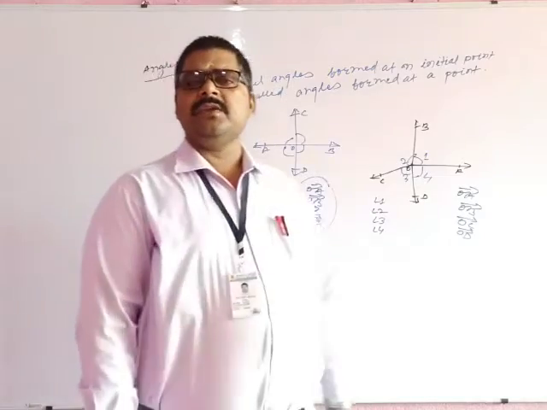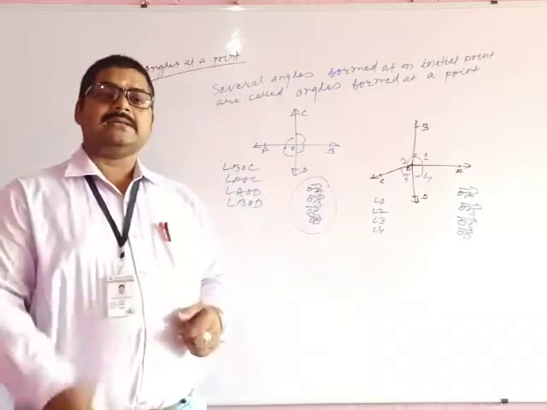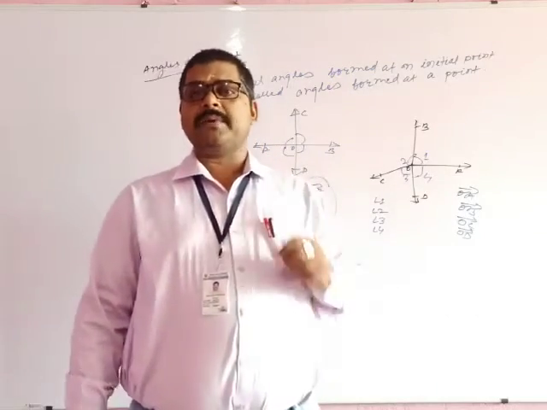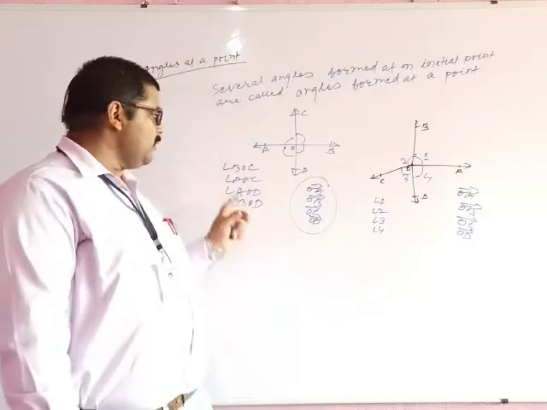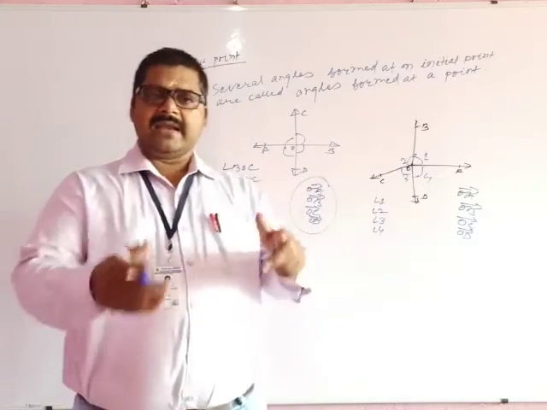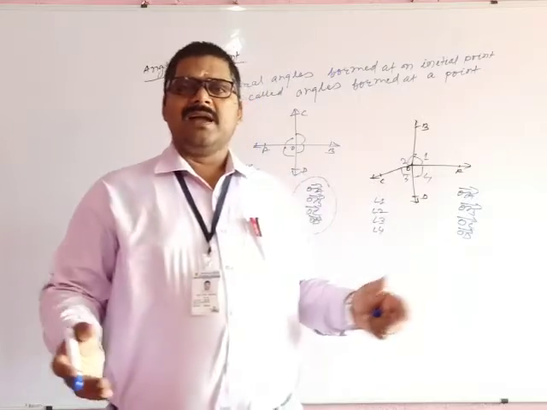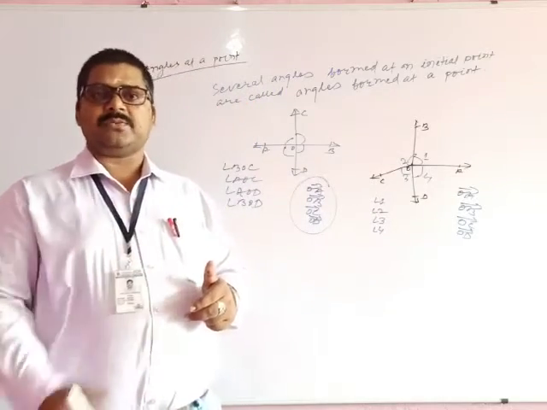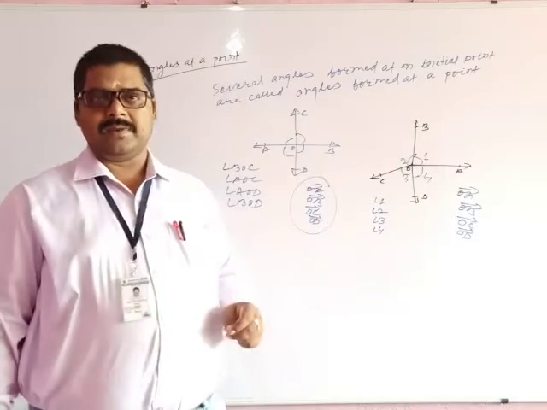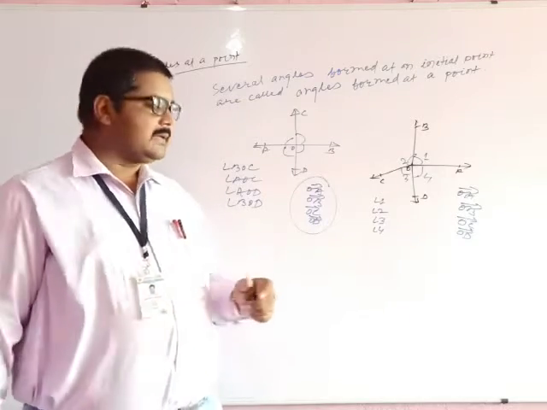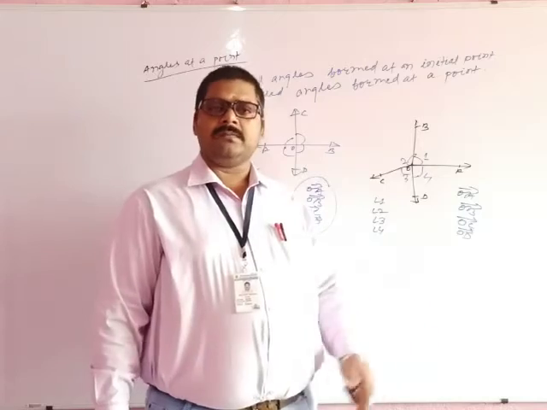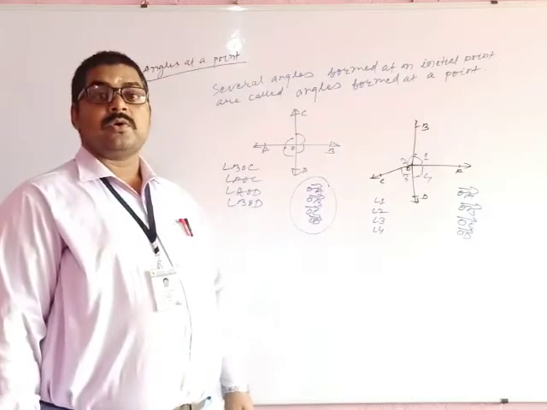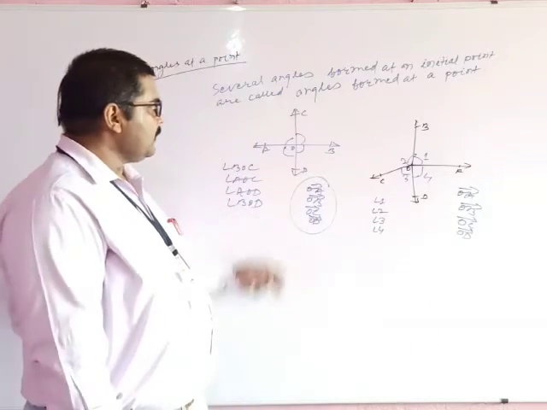Generally numbers are used when several angles are formed, for our convenience, because if you write such names it becomes so large, and sometimes to solve the question, to do the calculation, it creates some problem.